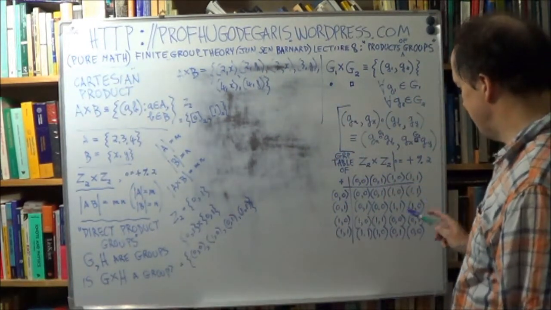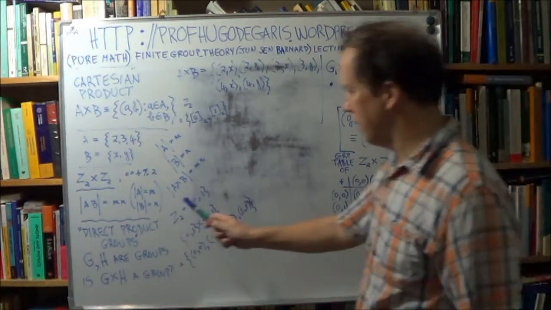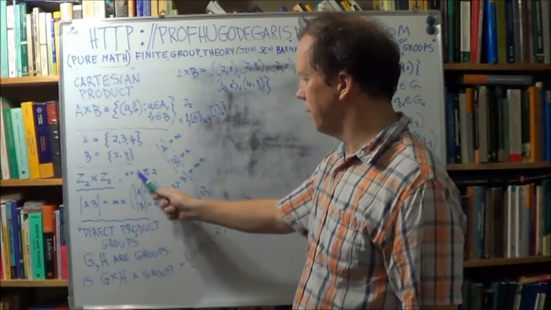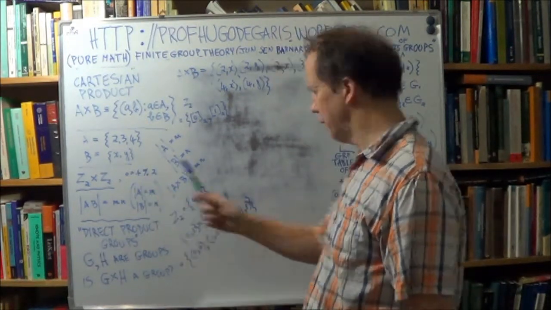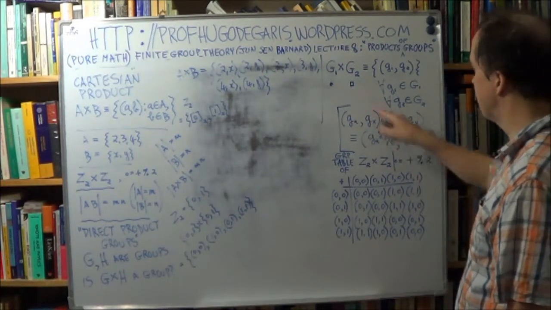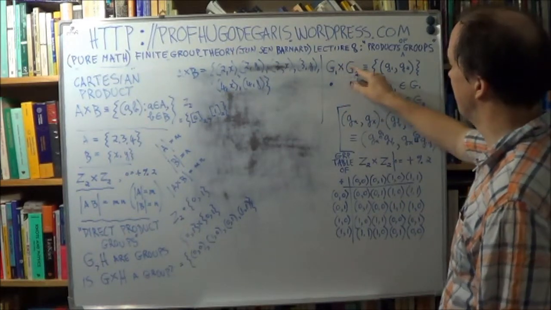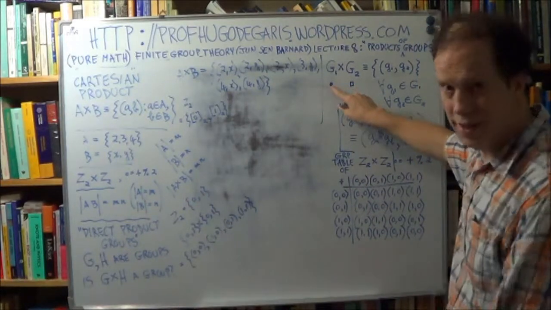Okay, so the binary operator on this set will be plus mod 2. We will use the same binary operation, because they're the same group, right? So this and this in this case are the same.